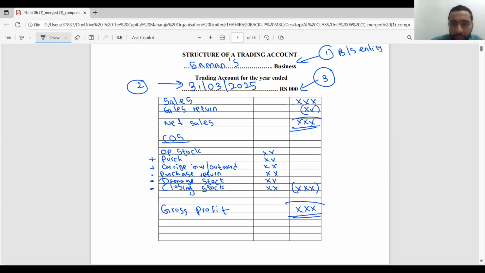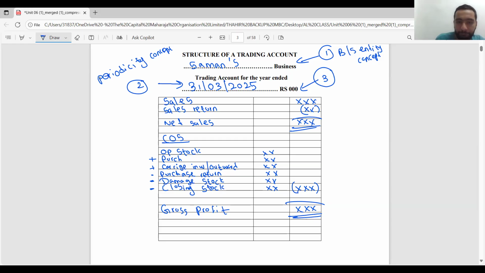Right, very good. Number two. Lakshini has given, Arva has given. What is this? Yes, periodicity concept. Right? Very good.